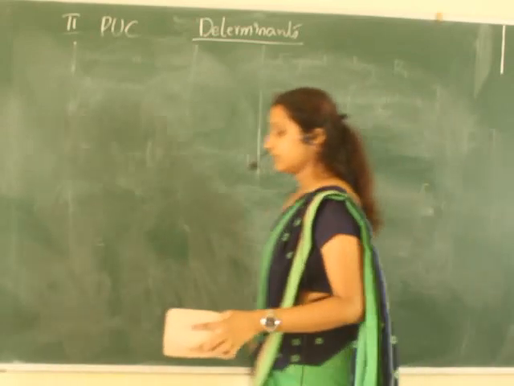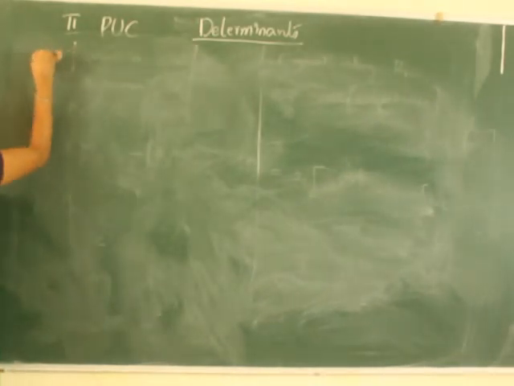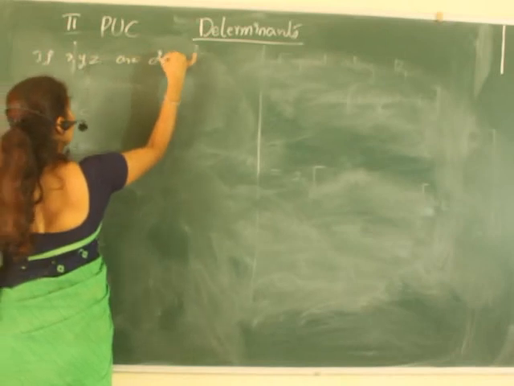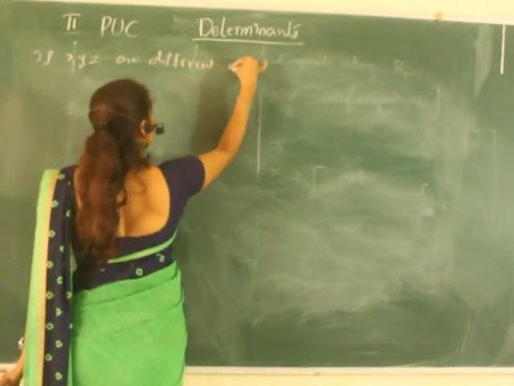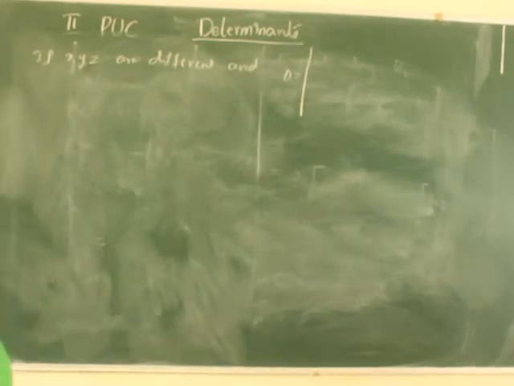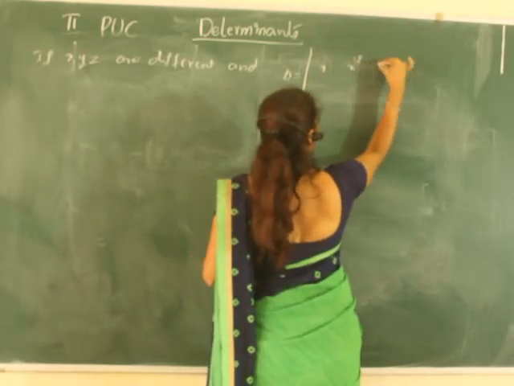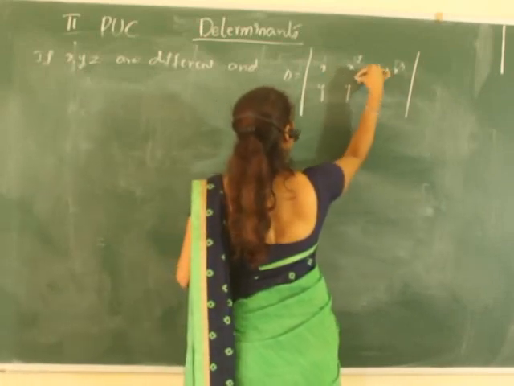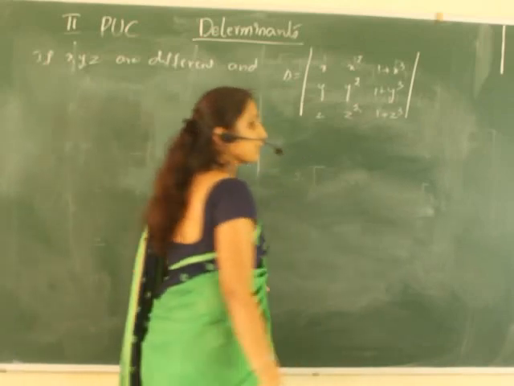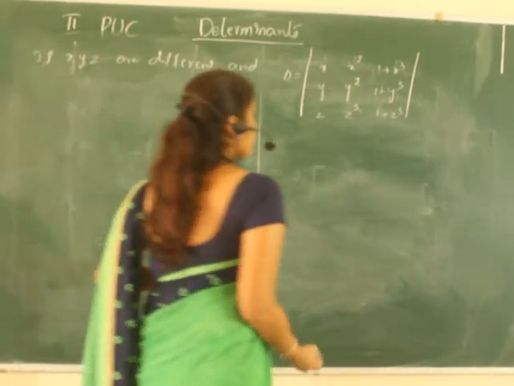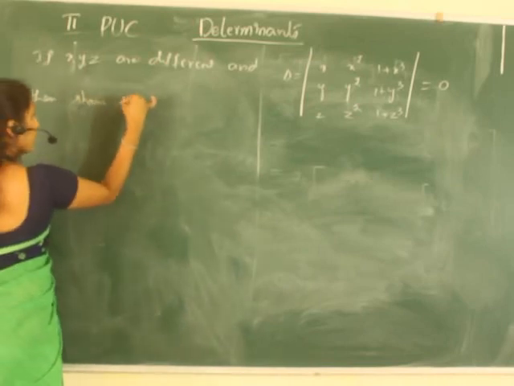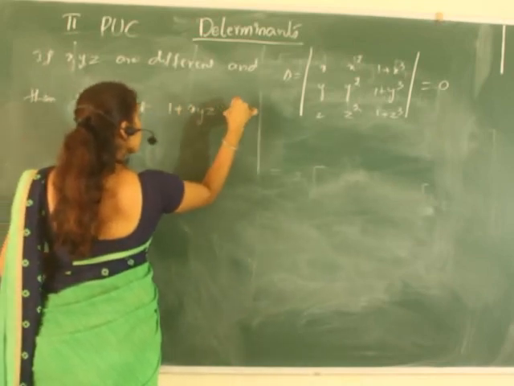So next problem, if x, y, z are different and delta can be written as the determinant x square, 1 plus x cube; y square, 1 plus y cube; z square, 1 plus z cube, is equal to 0, then show that 1 plus xyz is equal to 0.